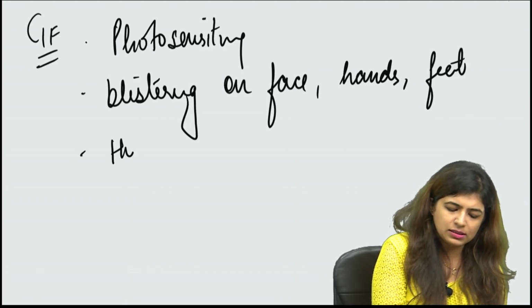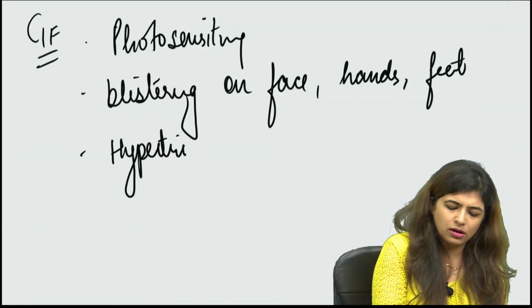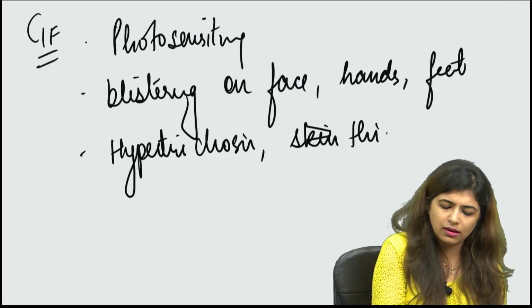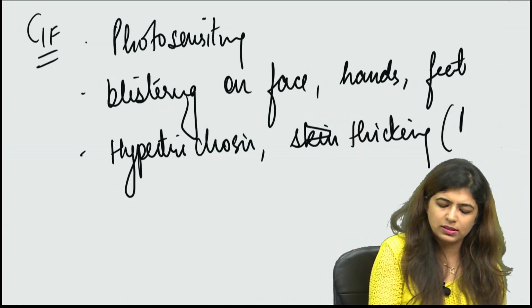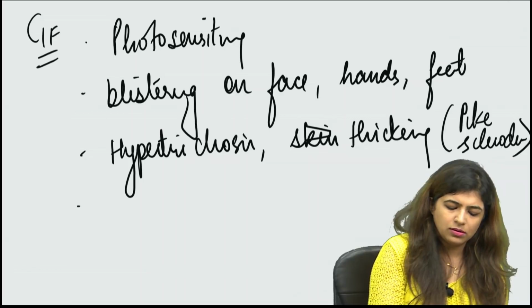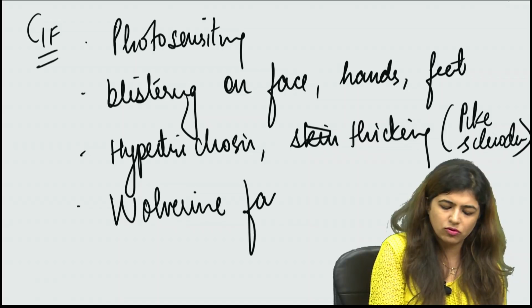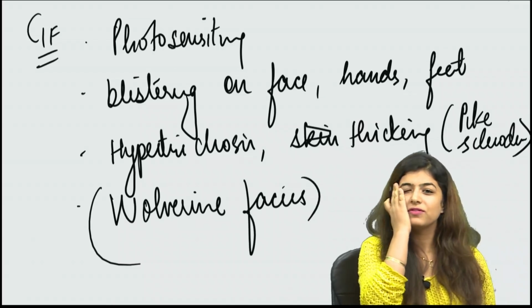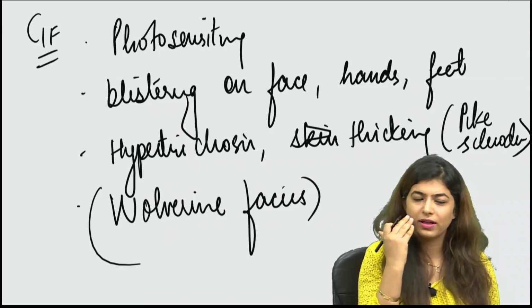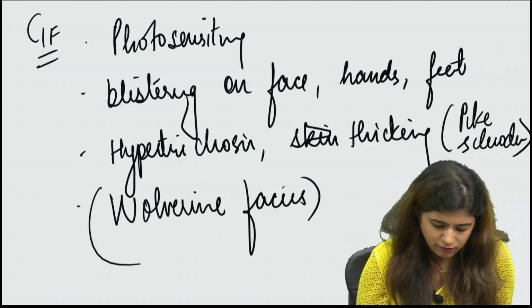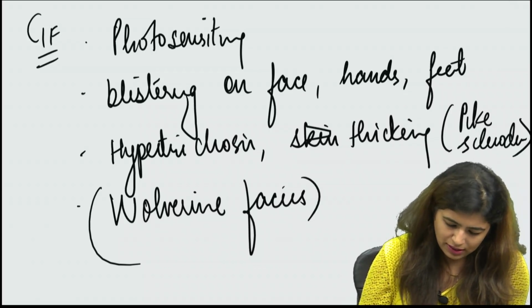When it heals, there may be a little hypertrichosis on the face, then a skin thickening, like scleroderma. Actually, the patient may look like a wolf, so it is also called wolverine facies. The skin is very thick, there is a lot of hair on the face, it appears as if it's a wolf standing in front of you. So this is Porphyria cutanea tarda.